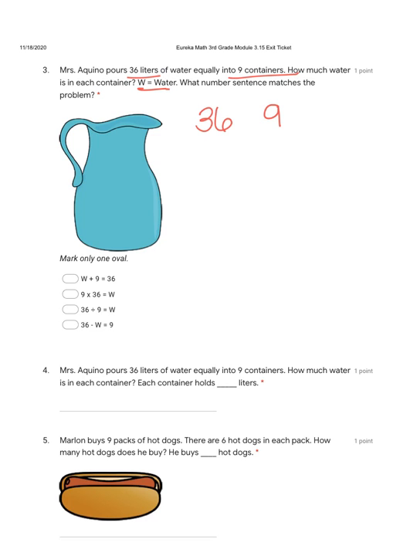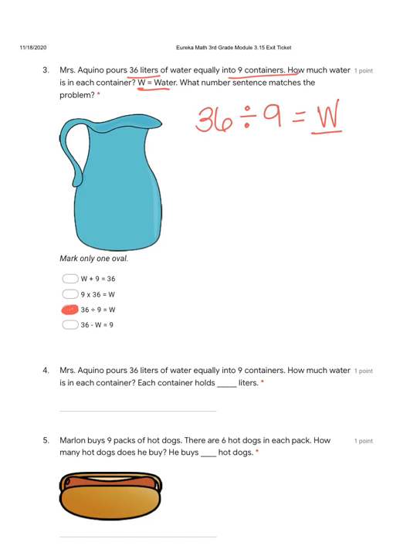So in other words, she divides the 36 liters up into 9 containers. And we have to find what is W. We would be solving for W. So our answer is 36 divided by 9 equals W.